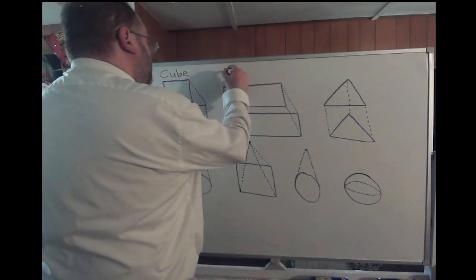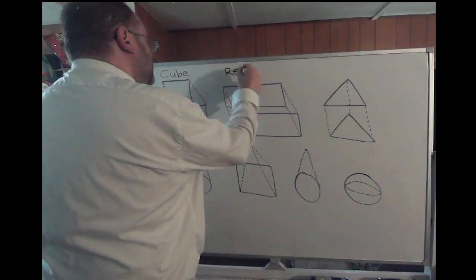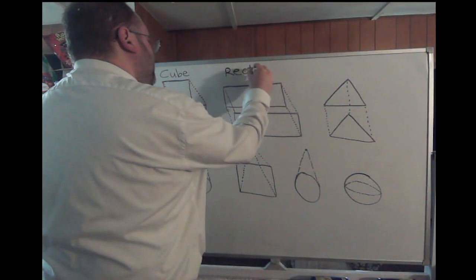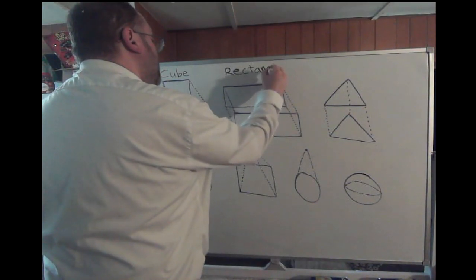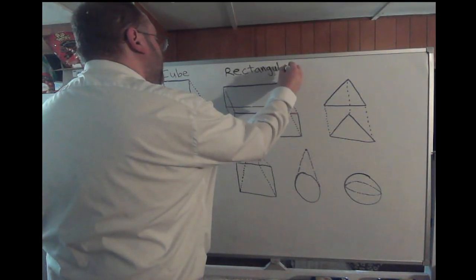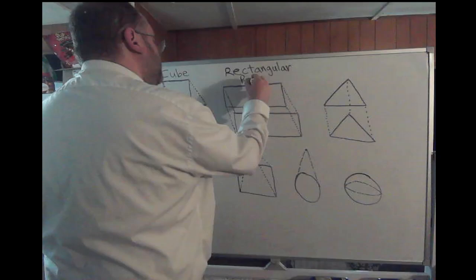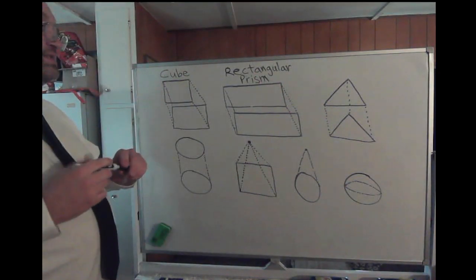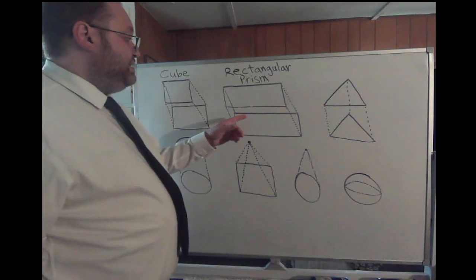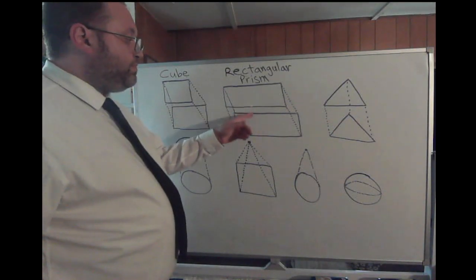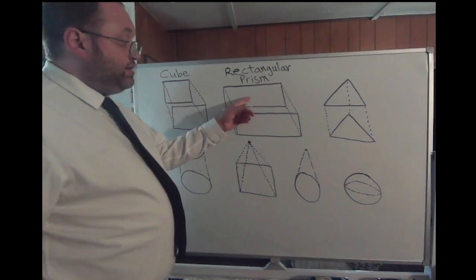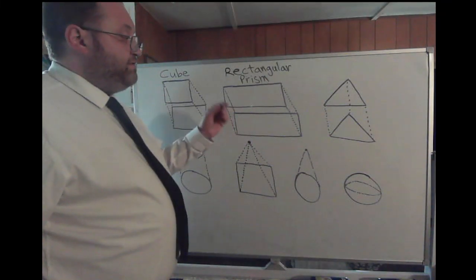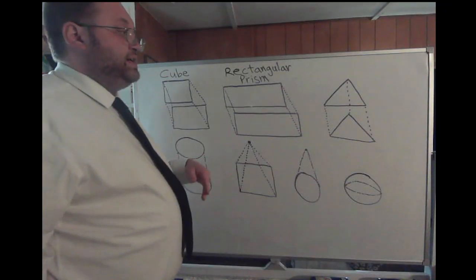Then we have a rectangular prism. Cubes and prisms have two bases, where in a rectangular prism your two bases are rectangles, and then you have faces that go around that are also rectangles.